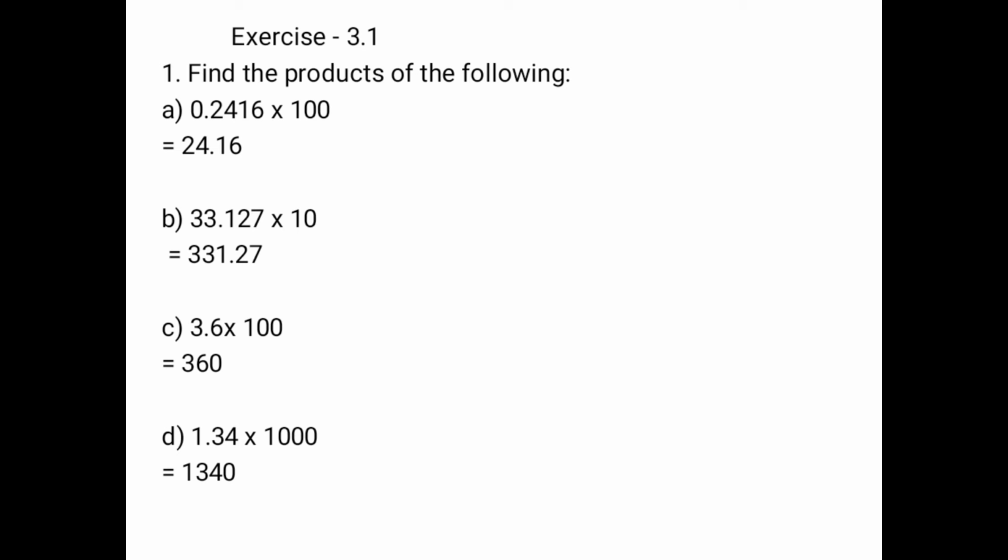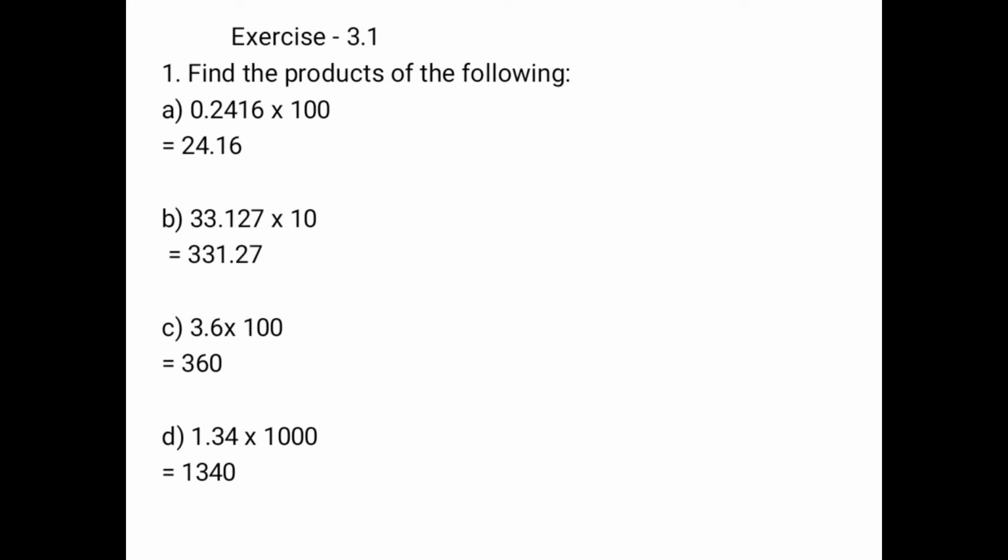Here the decimal point has to go 2 digits to the right-hand side, but here there's only 1 digit, so in order to replace that missing number, we'll just add one more zero. After that if we give a point here, it will be meaningless, so just 360 is your answer.